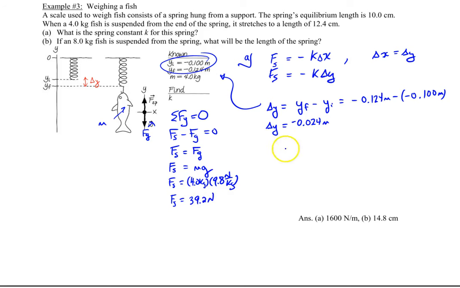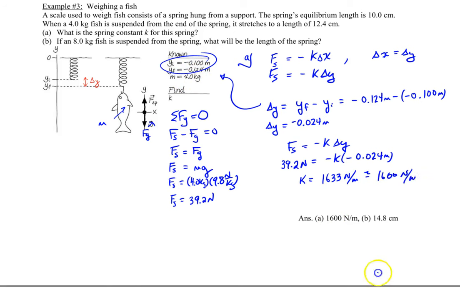The spring force is equal to negative k times delta y. We have 39.2 newtons equals negative k, and our displacement is negative 0.024 meters. And we get k is equal to 1,633 newtons per meter, which is rounded to 2 sig figs because there's only 2 sig figs with the mass. So you could say approximately 1,600 newtons per meter.